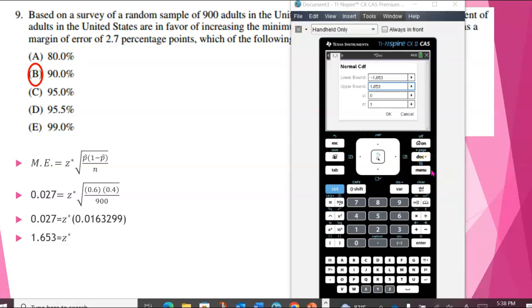Now, if we want to find the confidence level, we can go to normal CDF, and we can do our lower bound of negative 1.653 and an upper bound of positive 1.653. Our mean and standard deviation are going to be 0 and 1, and we see that we get an area of 0.90. So 90% is going to be our answer for number 9.